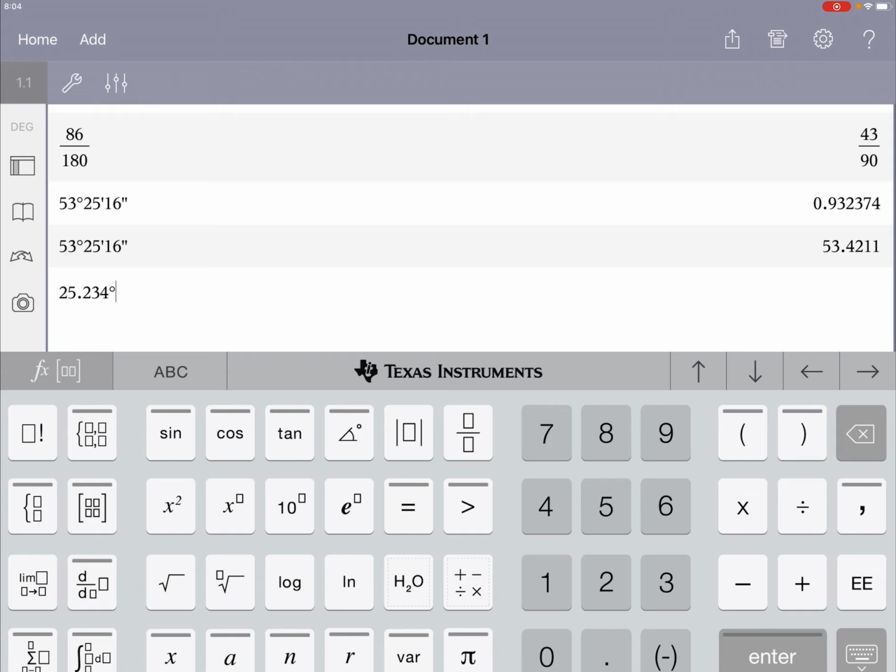Now, what I realize on your calculator is that you can simply type in the arrow and the DMS, or you can go to catalog and then type DMS. So I need to find out what this little symbol is that I can type. But I forgot where that symbol was.